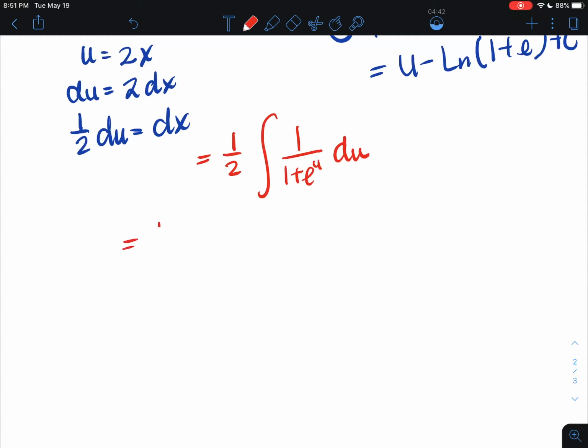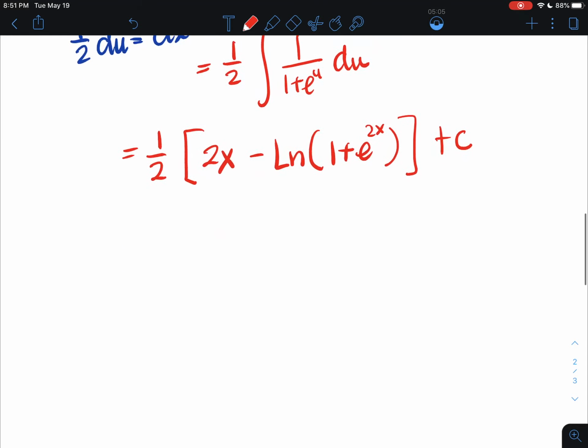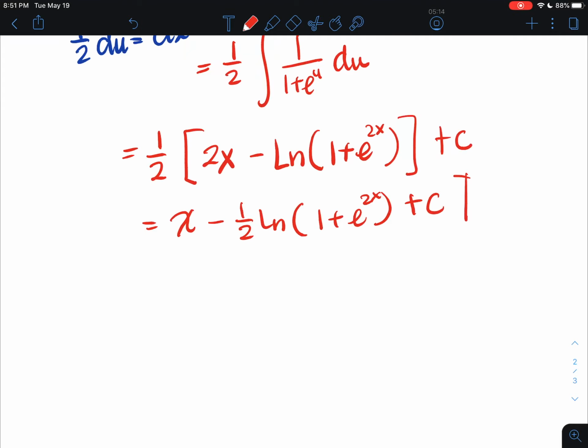So I get 1/2 times, I'll use a bracket instead, u is 2x minus the natural log of 1 plus e to the u, so e to the 2x, close it, plus c. I'm going to distribute that 1/2, so that gives me x minus 1/2 natural log of 1 plus e to the 2x plus c. And we're done.